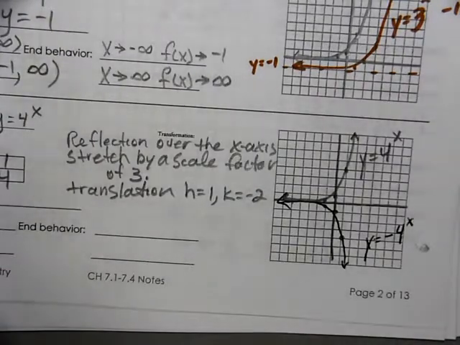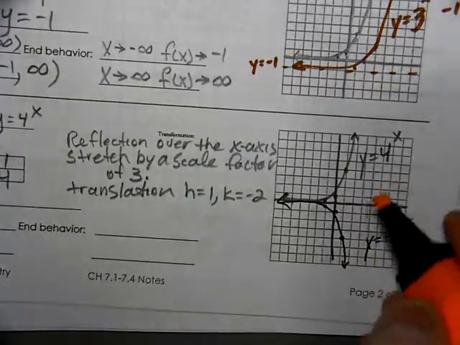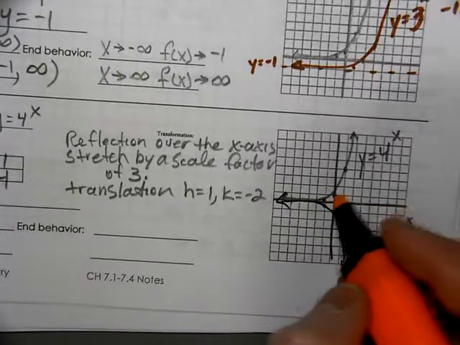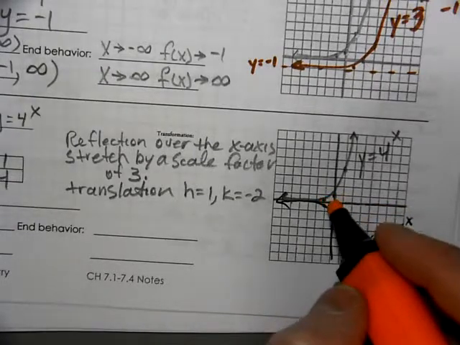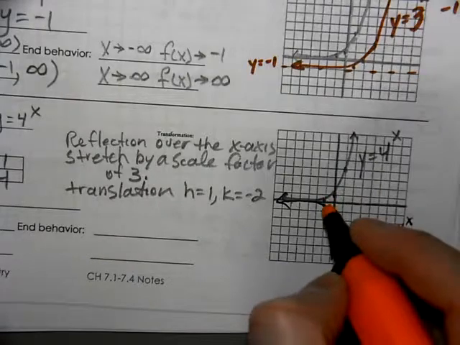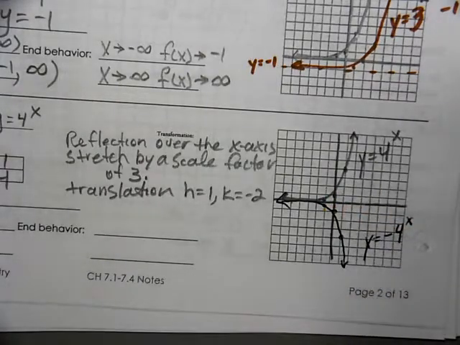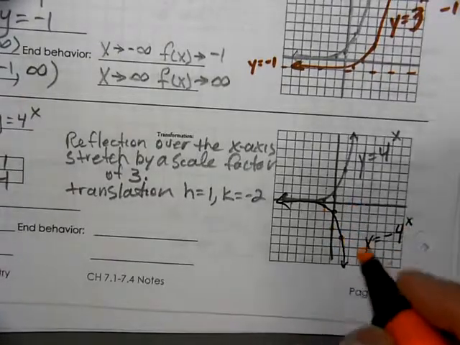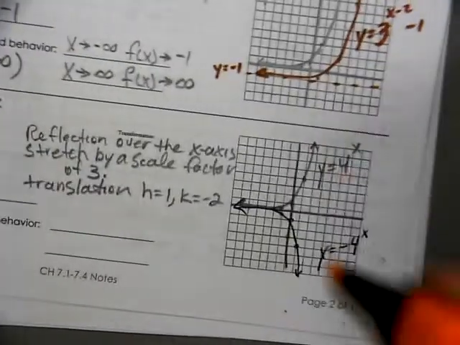Then we're going to take all of those points and stretch them by a multiple of 3. So instead of going down 1/4, we're now going to go down 3/4. Instead of going down 1, we're going to go down 3. And instead of going down 4, we're going to go down 12.